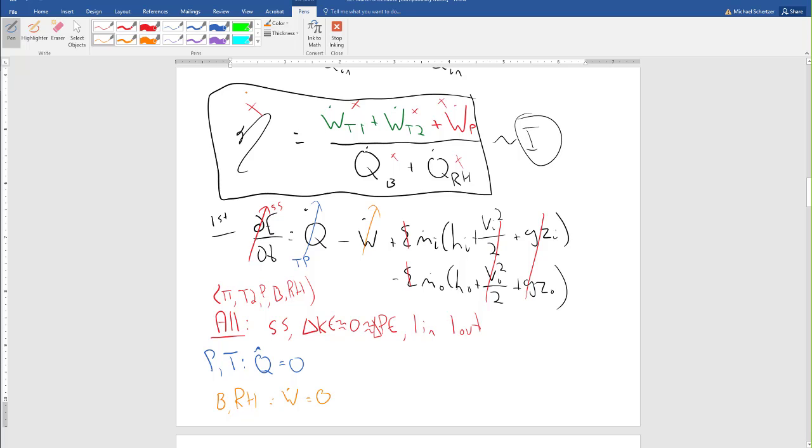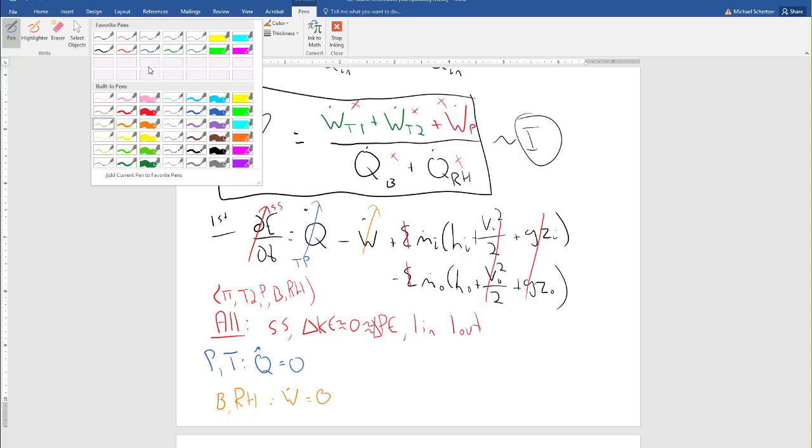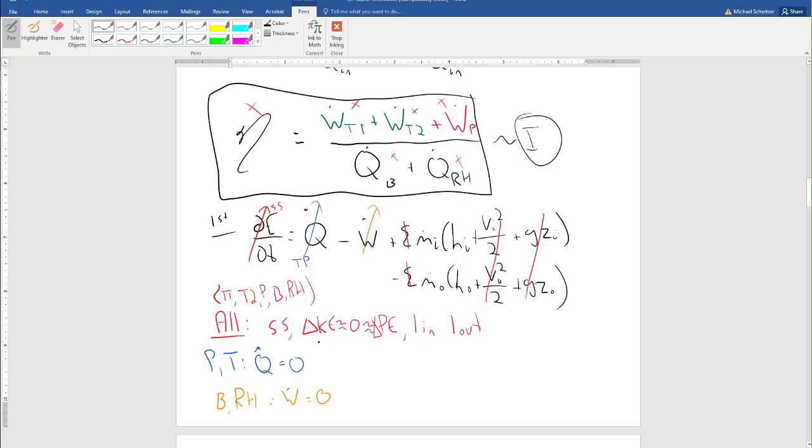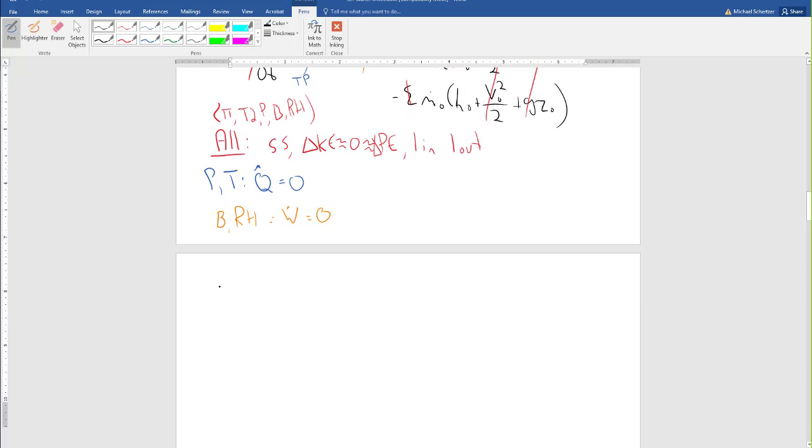So when I do that, what do I get? I'm going to find that if I'm trying to find W dot, it's going to be m dot times h in minus h out. And if I try to find Q dot, it's going to be m dot times h out minus h in.